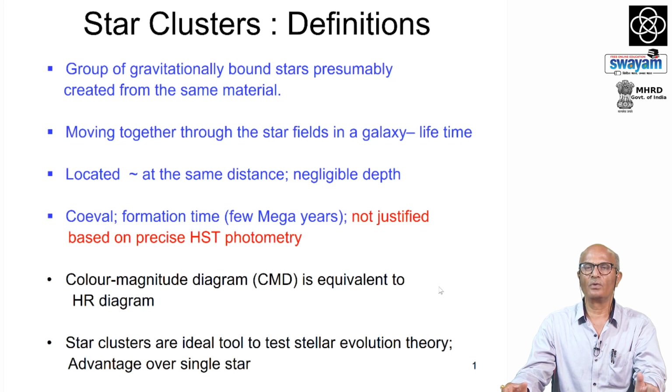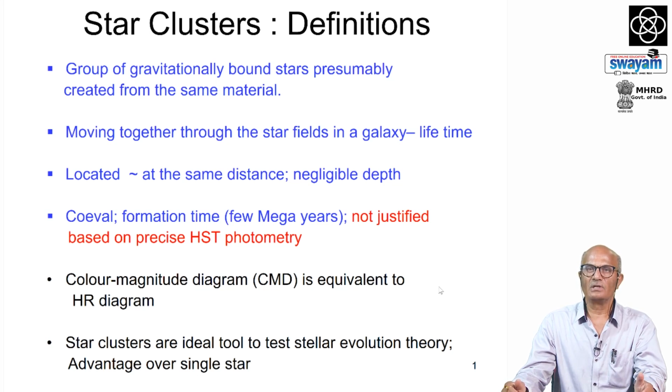In fact, that is what we call the dynamical lifetime of star clusters, and depending upon how tightly bound the system is, the lifetime differs. For example, in loose clusters, it is just a few hundred mega years, while in very tightly bound clusters, it is of the order of several giga years.